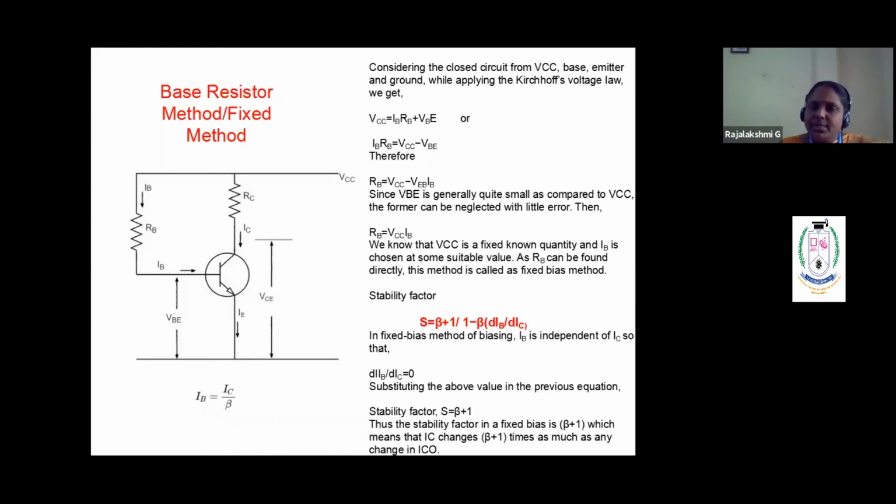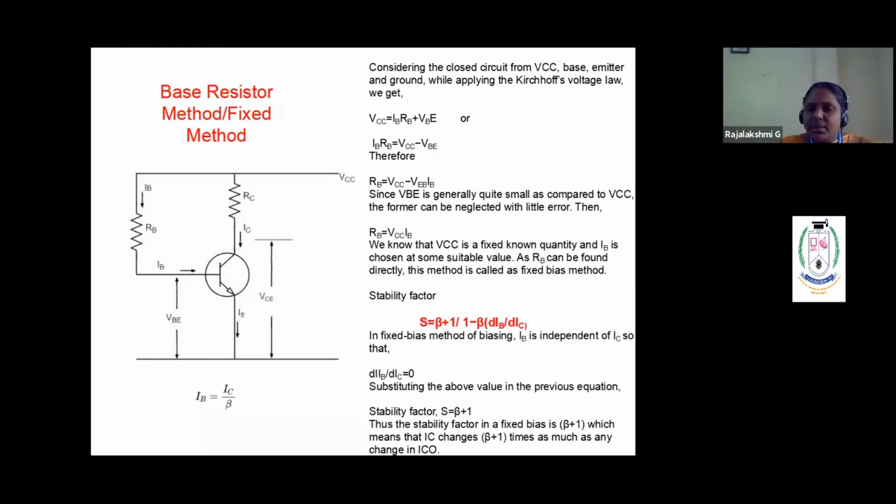So S is equal to beta plus 1. Thus the stability factor in a fixed bias is beta plus 1, which means IC changes beta plus 1 times as much as changes in ICO.